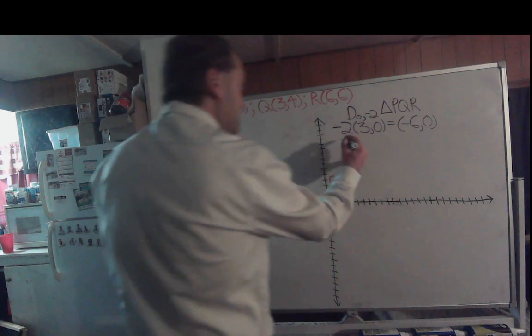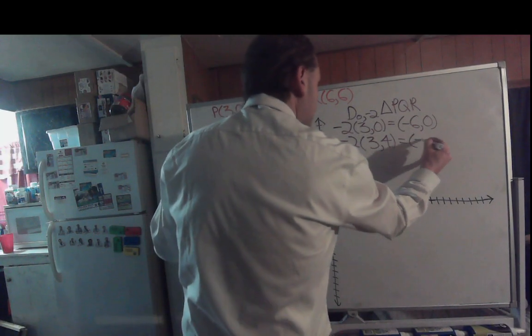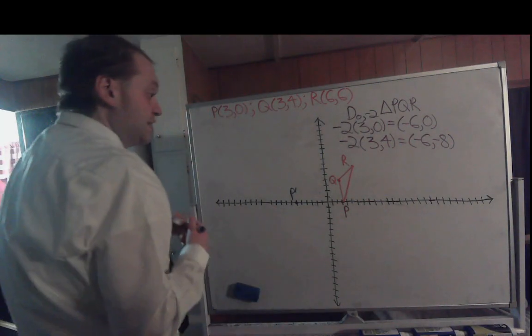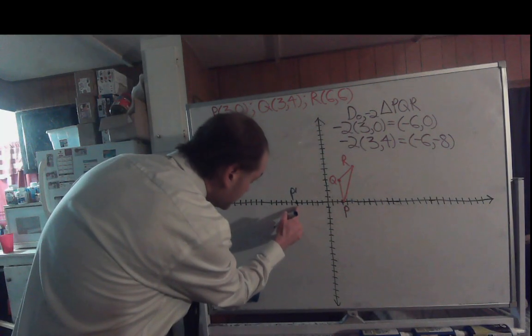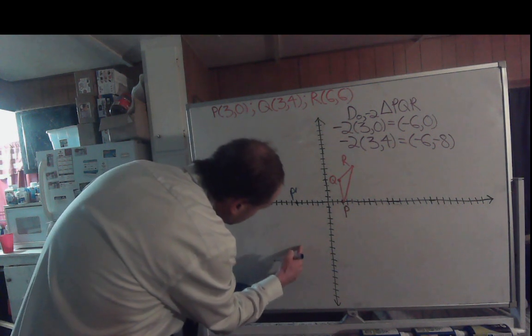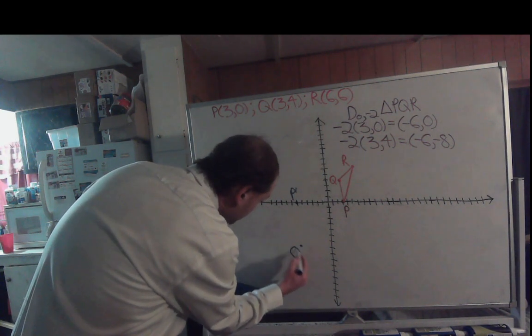So again, take that scale factor of -2 times your coordinate of Q being 3, 4. Well, that would put you at -6, -8 for your Q prime. So now let's find -6, -8. Should be about right there. So there's my Q prime.